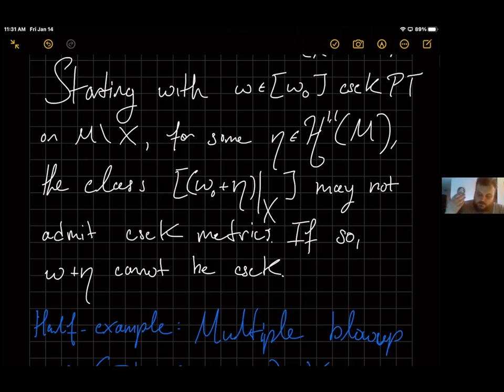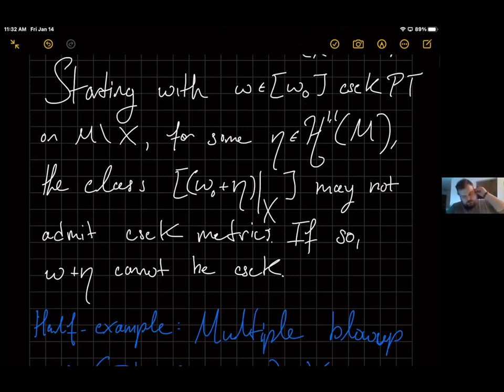If we perturb by some eta, then the resulting class when restricted to X may not admit any cscK metric. So we're starting at cscK, but when you perturb, we may land in something that's extremal but not cscK on the hypersurface X. So if we do that, then the perturbed Poincaré-Type metric on M less X is not going to be able to be cscK, because if it were, then the restriction to X would be cscK.